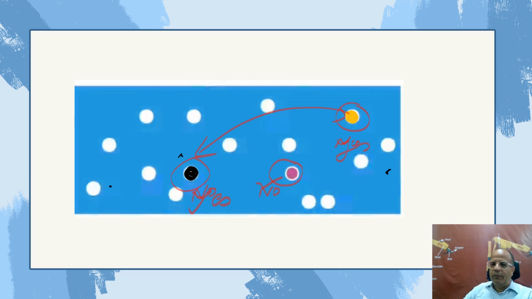But mind you, the complexity of the game is not always as simple as this. I wanted to show you what the game looked like, so I have taken a very simple example. Now, mind you, it can be anywhere. Even the yellow ball could have been over here, even the black ball could have been here.